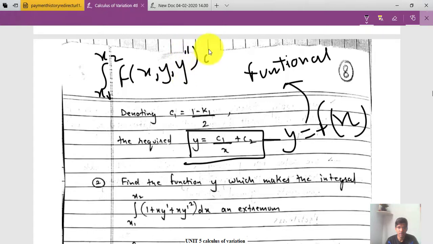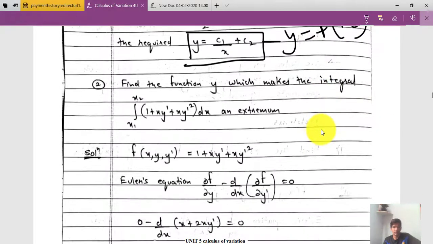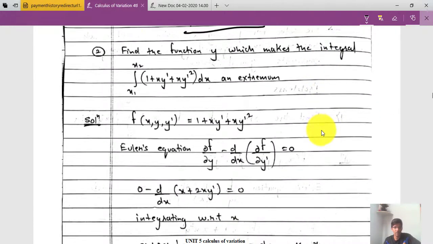This is the only strategy. You have evaluated this in terms of this function, and whether the functional value is extremum or minimum depends upon this function, right? Okay, now let me move on to the second problem.